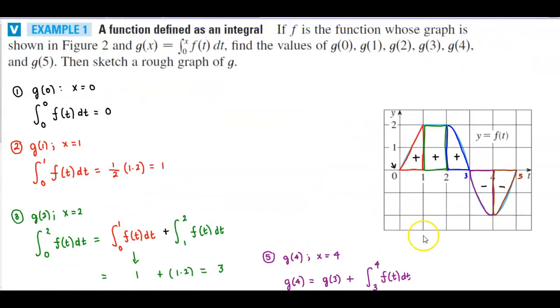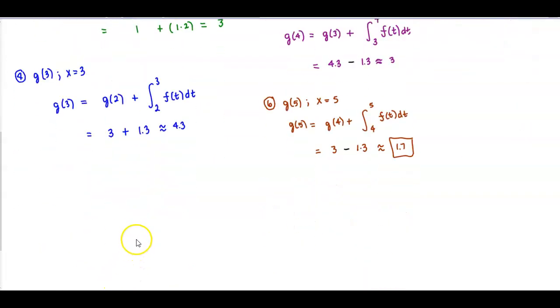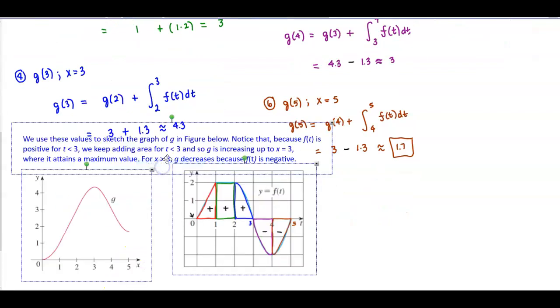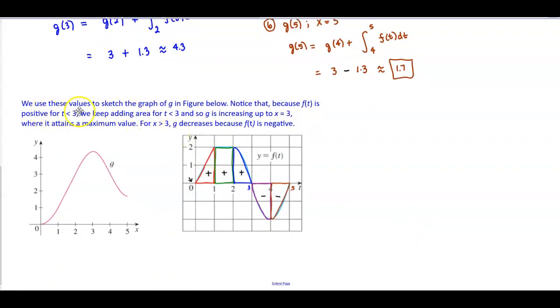Now we also want to sketch a rough graph of g. From 0 to 1 to 2 to 3, we know that it's positive, and from 3 to 4 and 4 to 5, we know it's negative. We use these values to sketch the graph of g in the figure over here on the left.